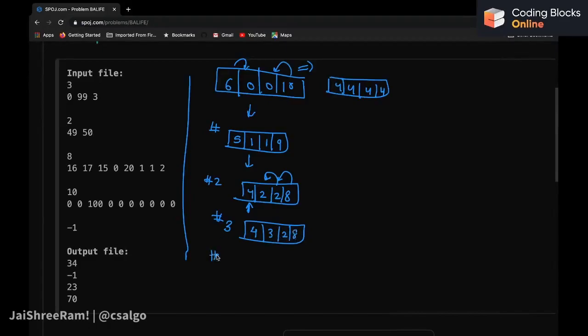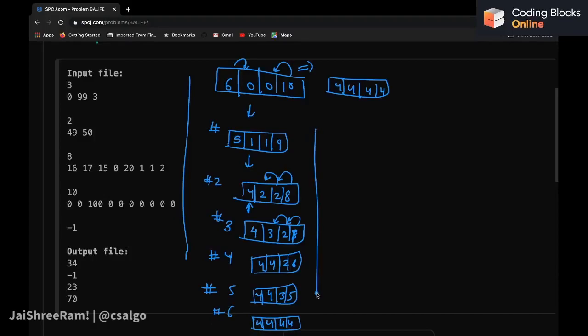Okay, again in the next round 2 gives a job here and 8 gives a job here, so it becomes like this, 4 4, and we have 2 and 6. Okay, and then again in the fifth round it becomes like this, 4 4 3 and 5, and finally in the sixth round it becomes like this, 4 4 4 4. So you can see it took a total of 6 rounds to do this job transfer.